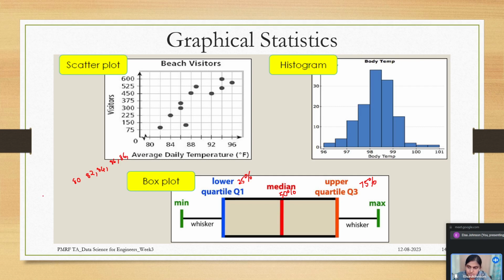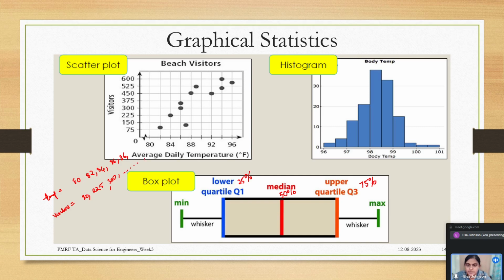So these are the values for the temperature, and in the other case, the number of visitors is going like, somewhere around 80, and the next is 225, then 300, 350, something like that.